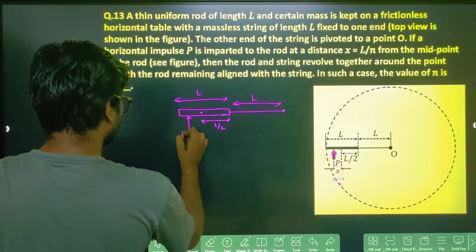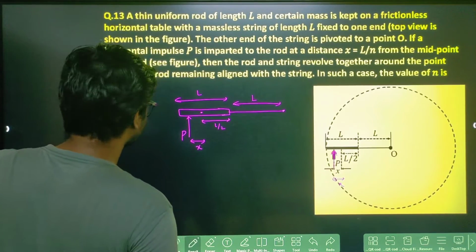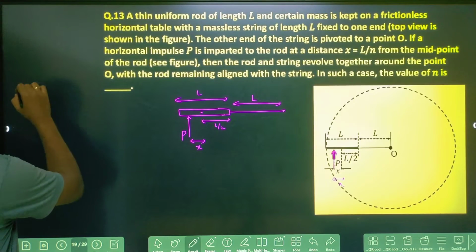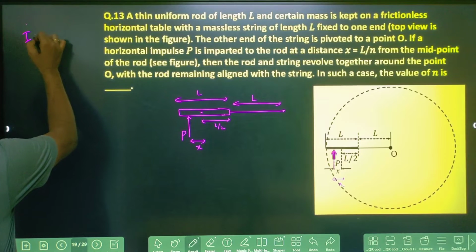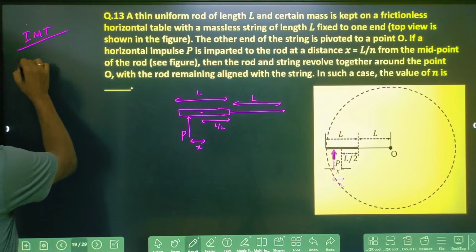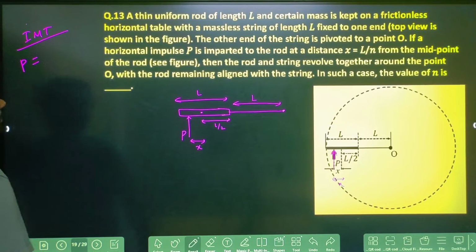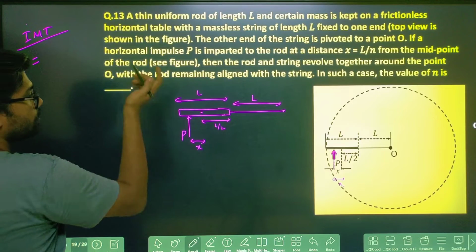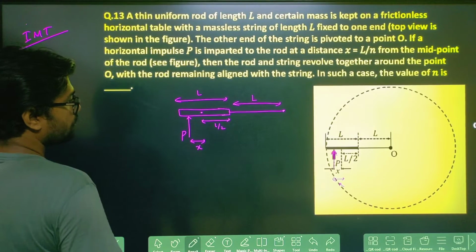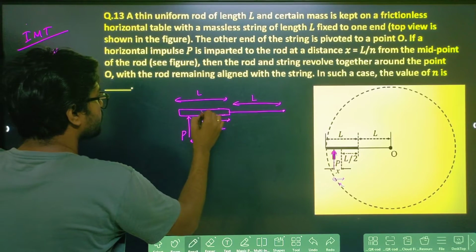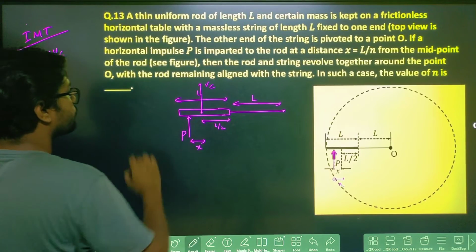So impulse you are putting P. So obviously you can say apply the impulse momentum theorem, right? So you apply the impulse momentum theorem. The impulse momentum theorem is saying that P equals change in momentum. Initial momentum will be 0 and final momentum will be m into vc, because this center of mass is moving along this direction with vc, right?